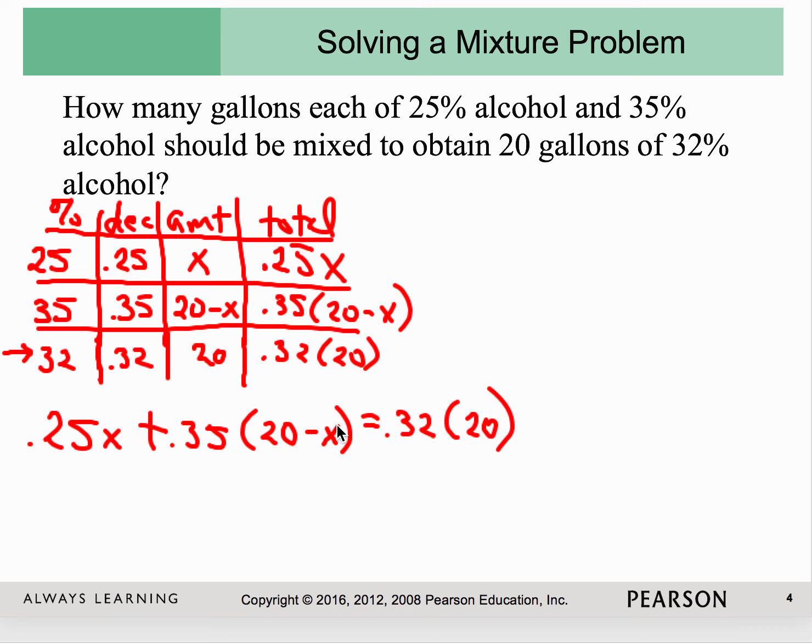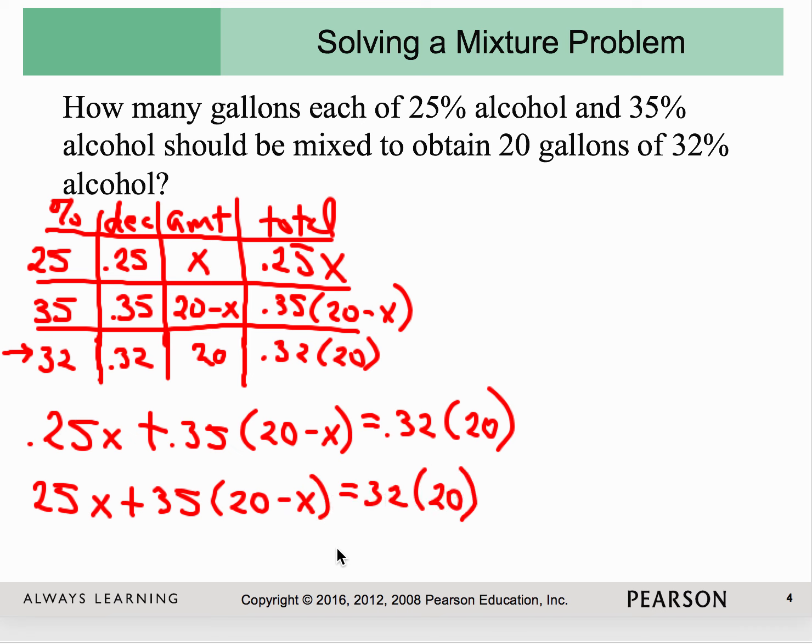I don't like all those decimals in there, so there's 2 decimals in every problem. I'm going to move each one over 2 places. 25x plus 35 times 20 minus x equals 32 times 20.